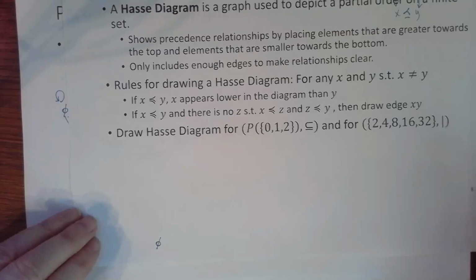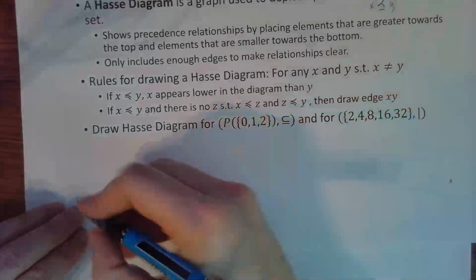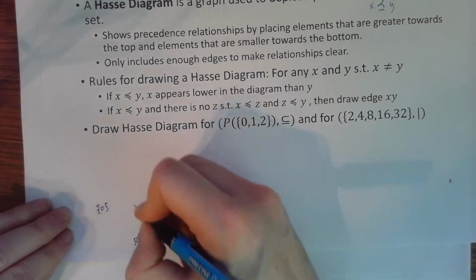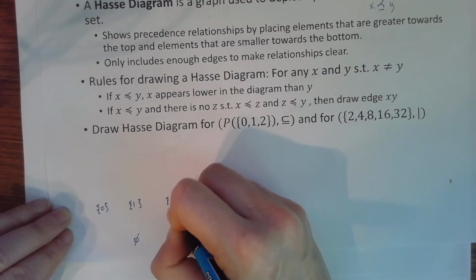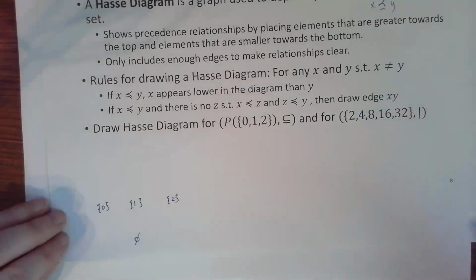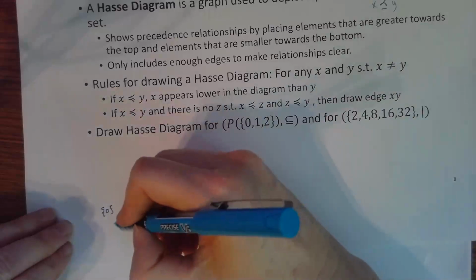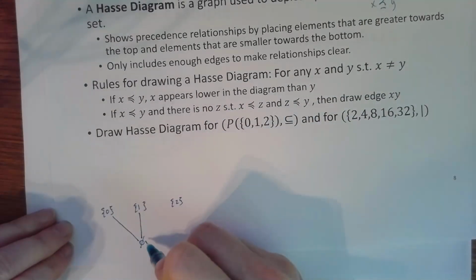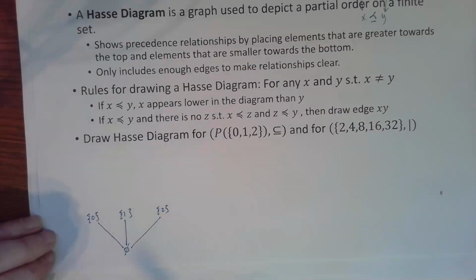Our minimal element, the empty set, is going to have to appear on the bottom. Then we'll have edges going up to our set containing 0, our set containing 1, and our set containing 2. Because the empty set is a subset of all of these, we're going to have upward edges. Notice there's no arrows, they're just edges to show that these are related.